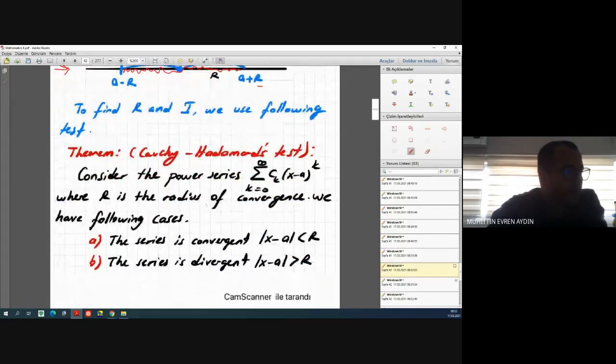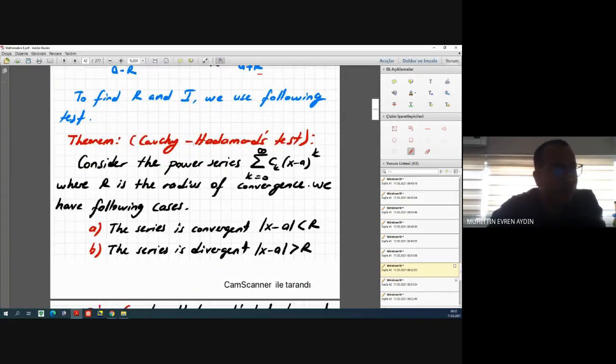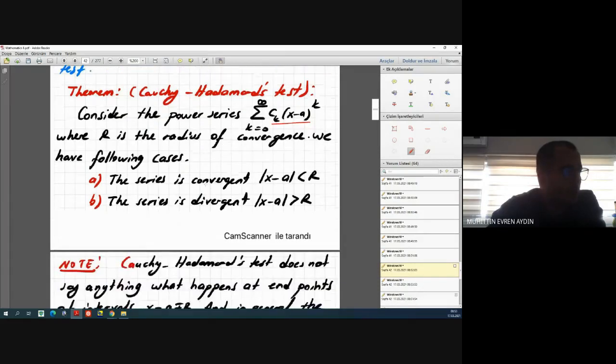We have a useful test, a unique test for power series, the Cauchy-Hadamard test. For a given power series, the series is convergent on this interval, and the series is divergent for this condition.